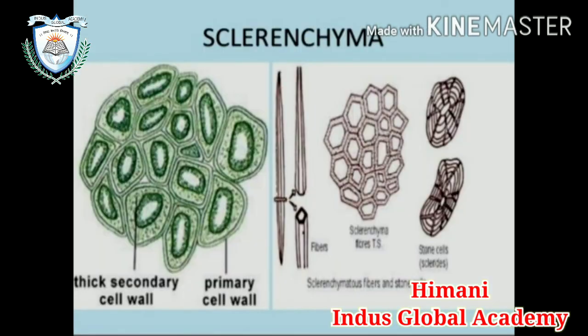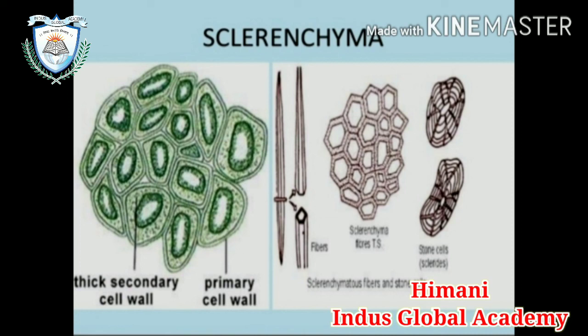Now sclerenchyma. The cells of the sclerenchyma tissue are dead. Remember that, dead. The cell wall is very thick due to the deposition of lignin. The cell wall of this tissue can be of different shape and size. They are generally located in the leaf veins and the hard covering of the seeds.